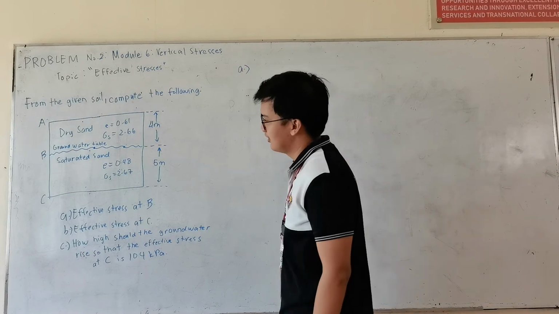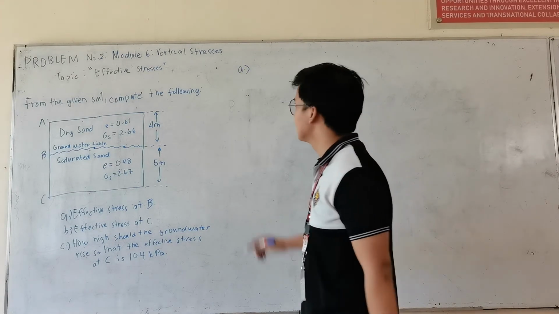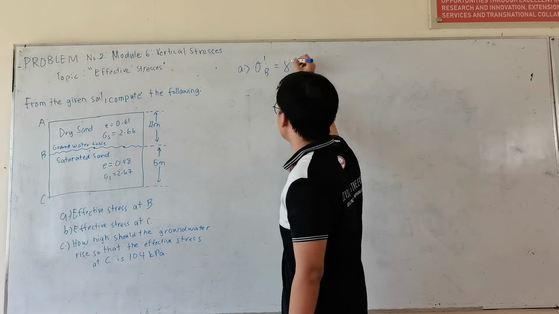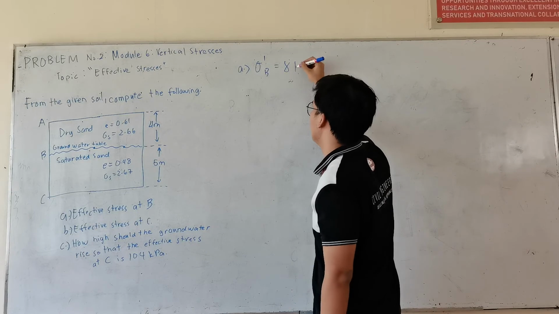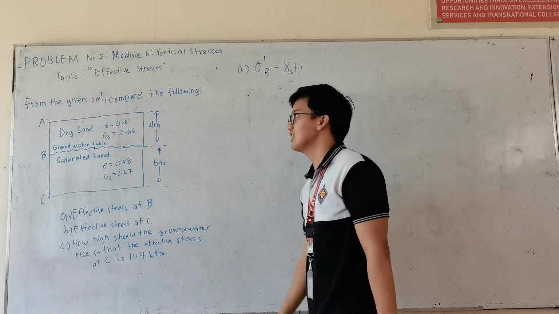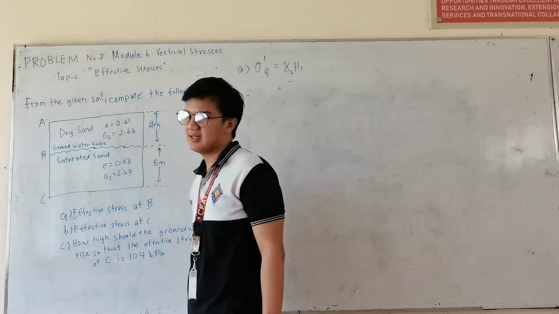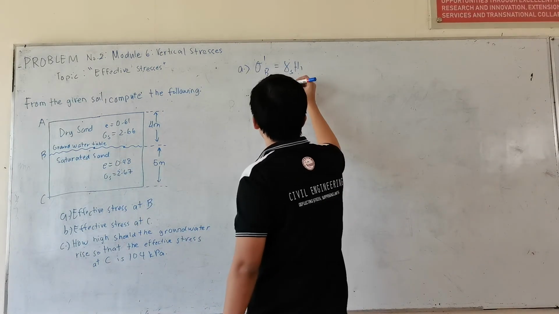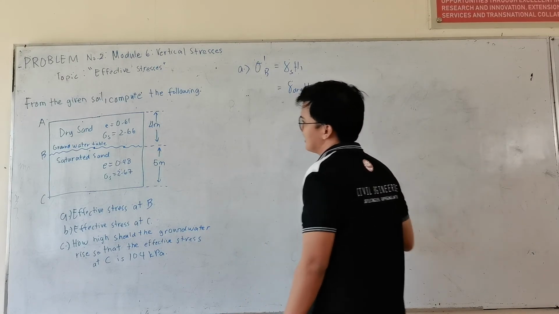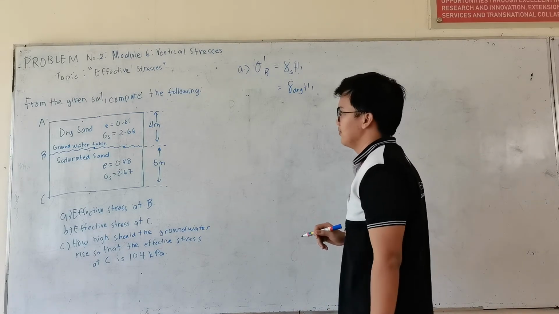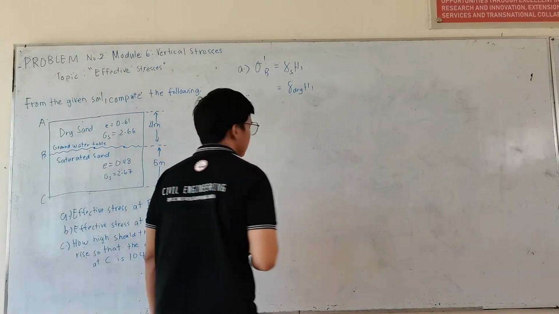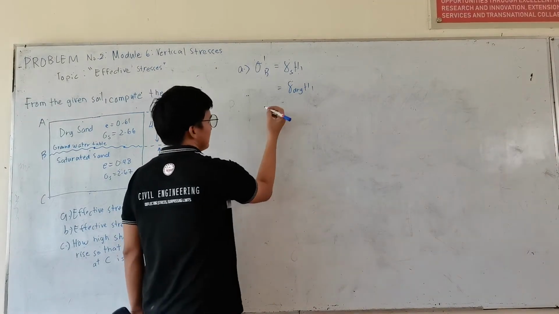So, ang gagawin natin is effective stress at B is equals to unit weight ng soil times yung height niya. Ang ating soil natin is dry, may dry sand tayo. So, kailangan muna nating hanapin ang unit weight ng dry na lupa.